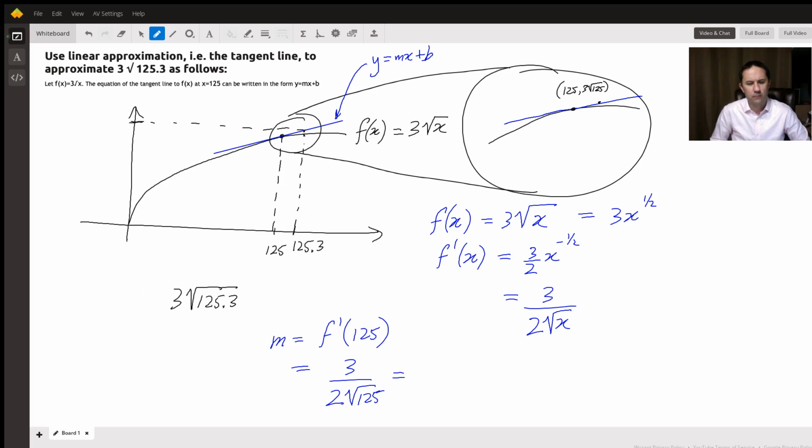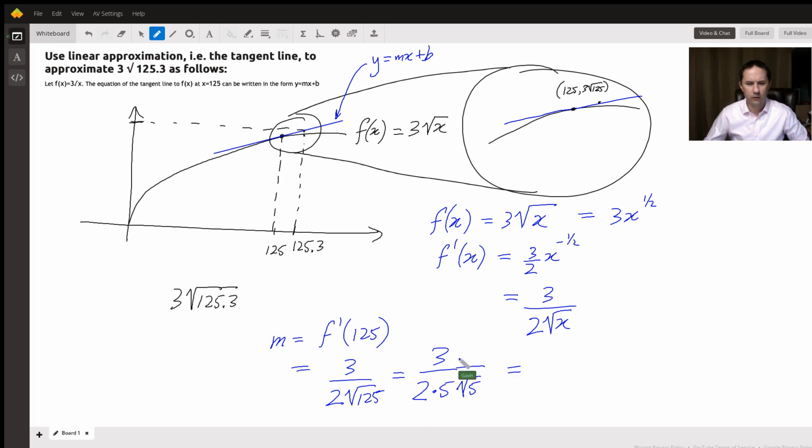Yeah, that's 25 times 5, so it's going to be 2 times 5 times root 5, because root 5 by root 5 by root 5 is root 125, so that makes sense.